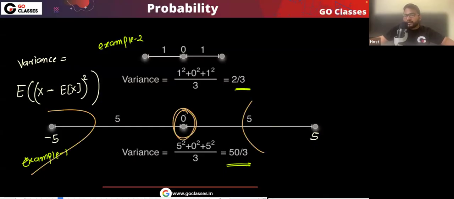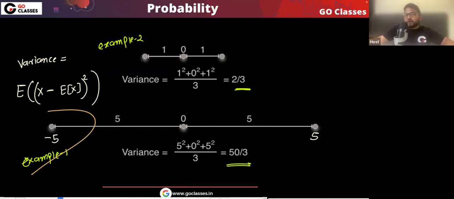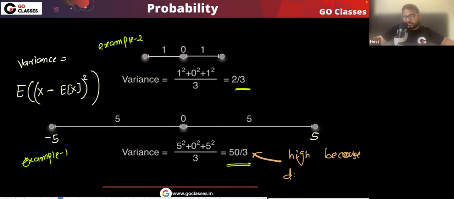Compared to this, the other data is less spread from the mean. If data is spread far, then variance is more. If data is less spread, then variance is less. So variance is high because data is spread far from the center, or from the mean.